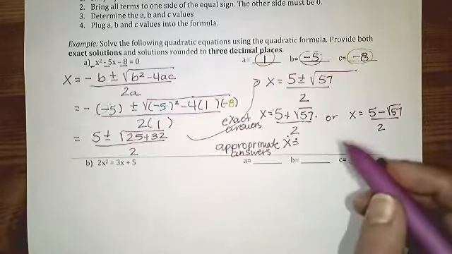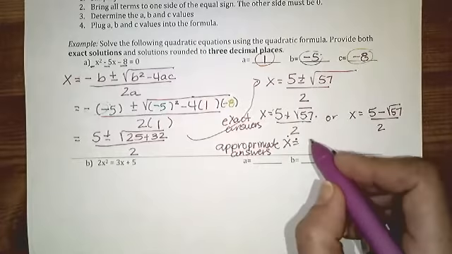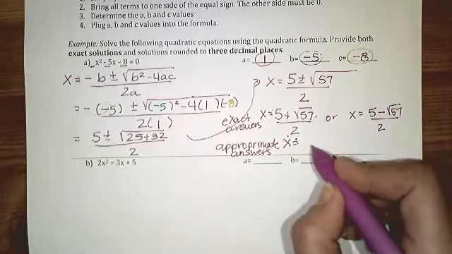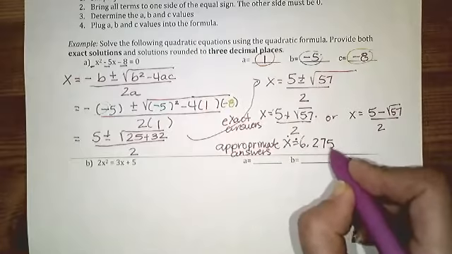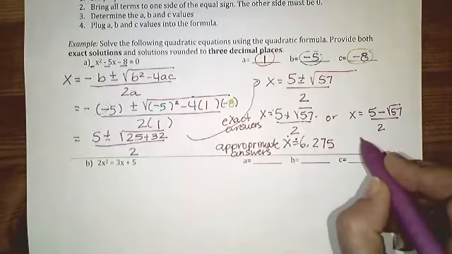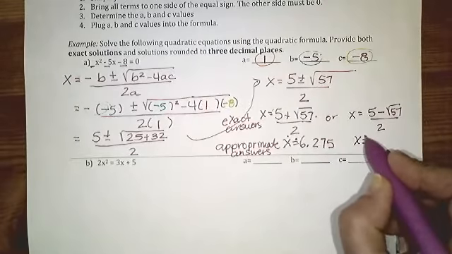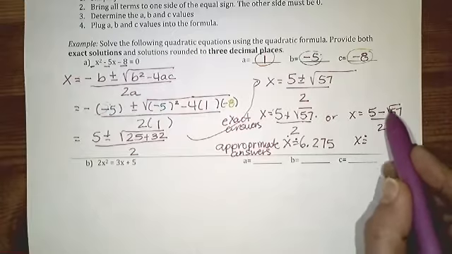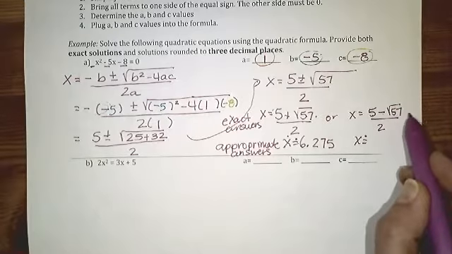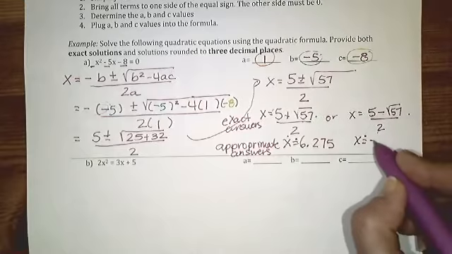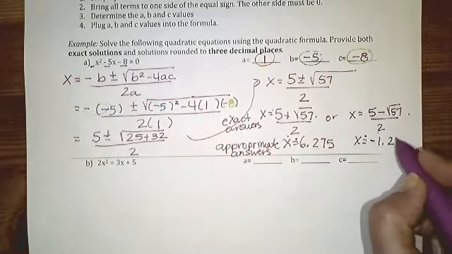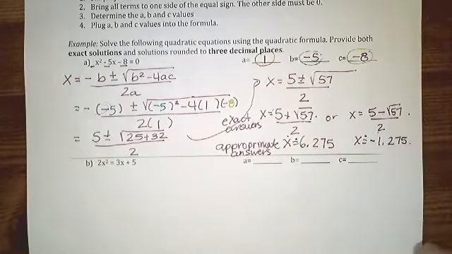So your choice. What we get for our first one to 3 decimal places is 6.275. Then when we put this one in the calculator, remember you're putting 5, subtract root 57, hit enter, and then divide by 2. And you should get an answer of negative 0.775.